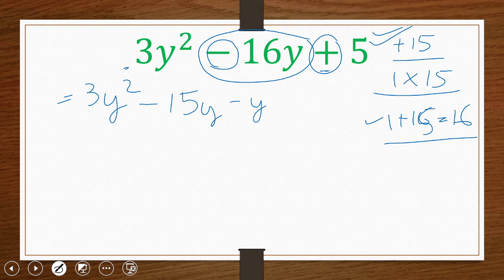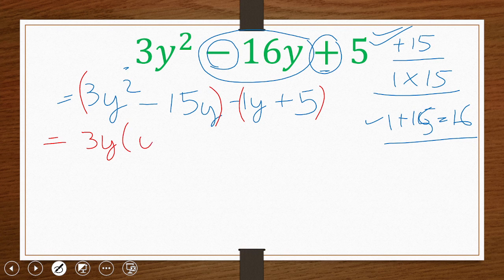If nothing is written, it means that it is 1. It is not compulsory to write like this. Now by putting brackets for this, in order to take out the common factors. Now the common factor is 3y, y is remaining over here, minus 5, that's 5 as it is.